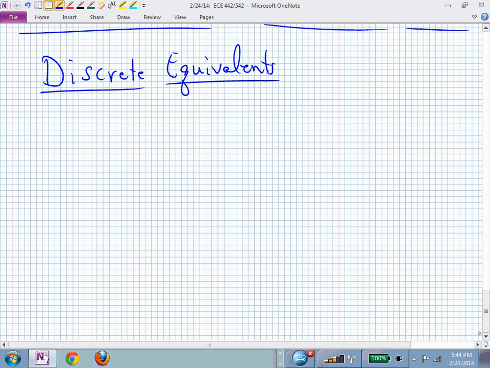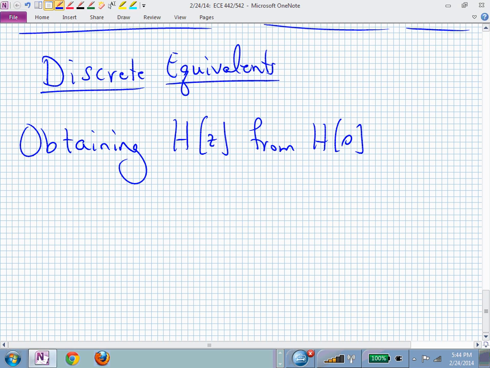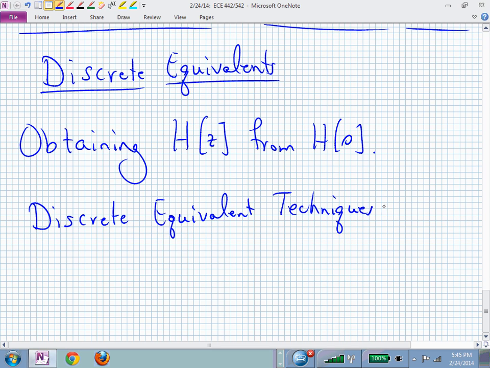And now we are concerned with finding a Z-transform transfer function from a Laplace transformed representation, and we are looking really at three different techniques for these discrete equivalents that we are going to be using or talking about in this class.